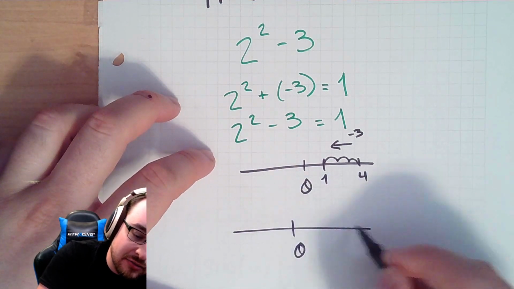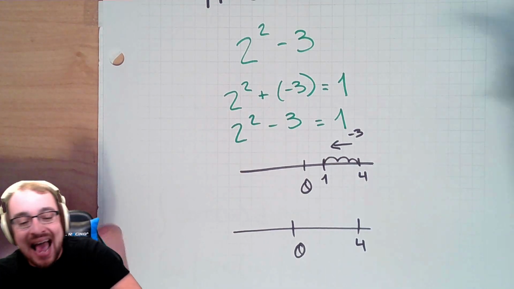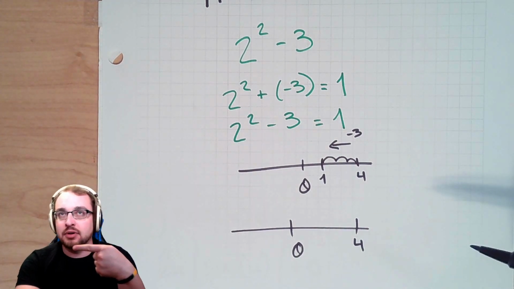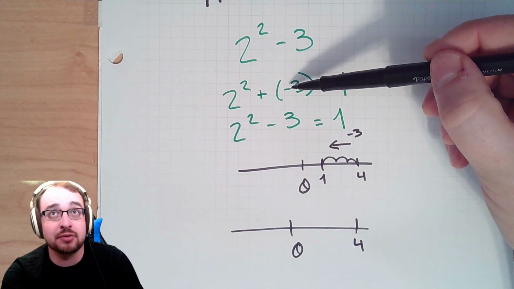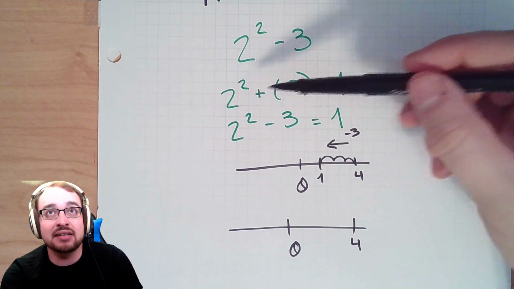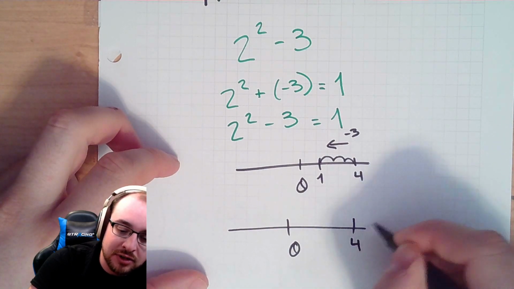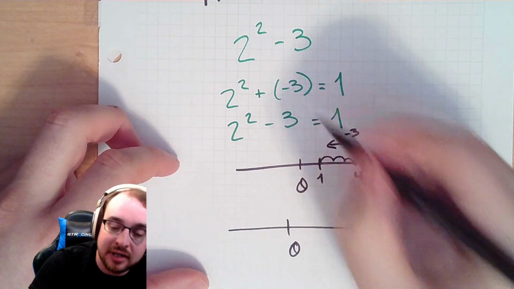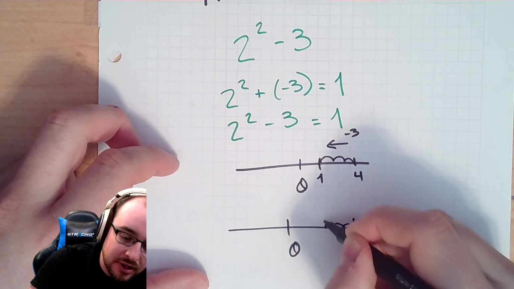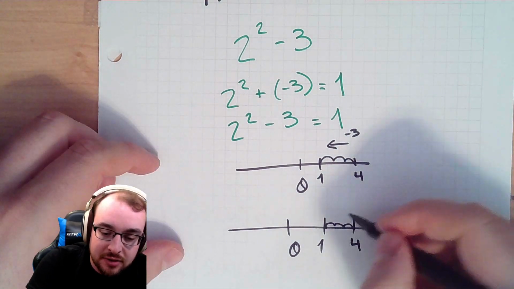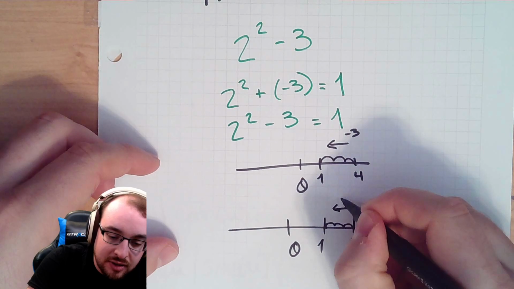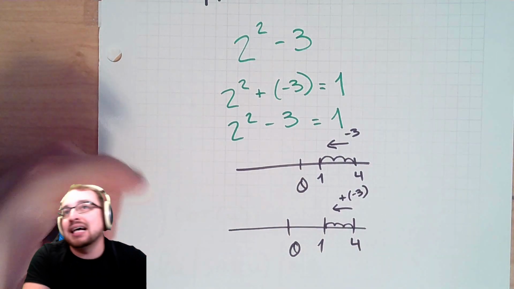If I had 4 here, and I add, well, adding says go to the right, but then it says we're adding in the opposite direction, right? So when we add in the opposite direction, we're going to head to the left. And so that's going to mean we're not going to add this way, 1, 2, 3, but we're going to add in the opposite direction, 1, 2, 3. So that's going to get us 1 either way. So minusing 3 or adding a negative 3 are the exact same thing.